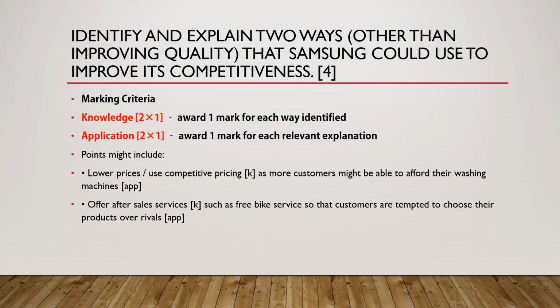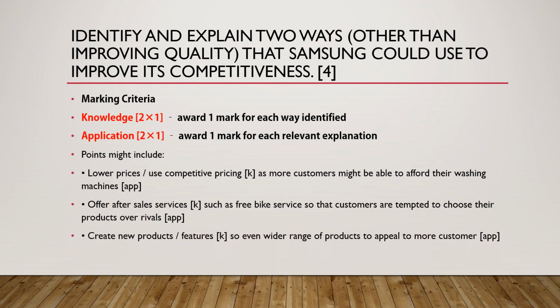Okay, so another method is to offer after-sale services. If you offer after-sale services, such as maybe free bike service, customers are tempted to choose your products over rivals. That part is given in the case study, so that's why it's known as an application point. So my suggestion is this: when you get a paper 1 question, first of all you need to read the business scenario, which is normally given as the first paragraph in every business studies paper 1.